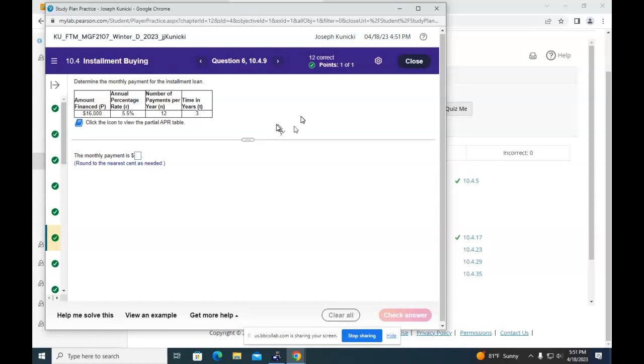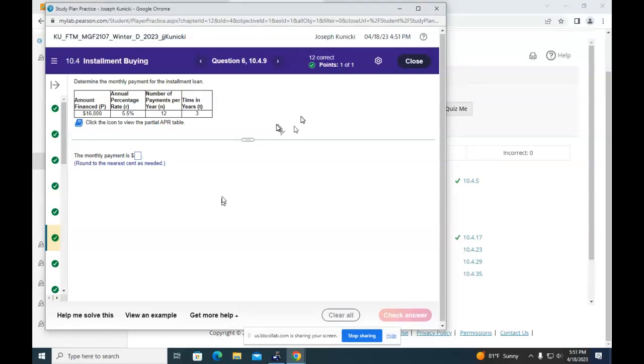Have you ever noticed that the final payment is not always the same as the first 35 or whatever? That's because when you add the finance charge to the principal and divide by the number of payments, it doesn't come out evenly. Okay, so as long as you know that.